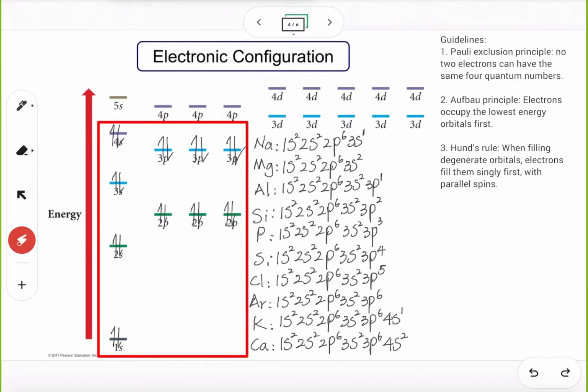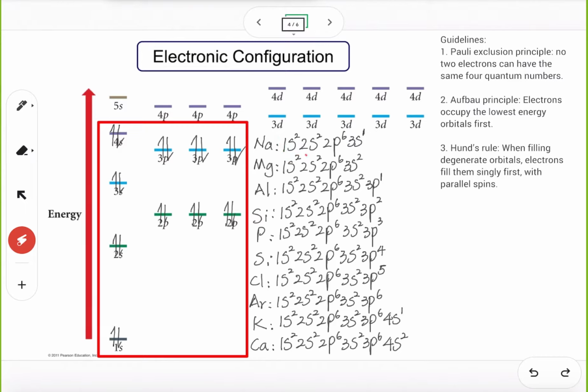For sodium, which noble gas core should we use? You have two options. You can use helium, or you can use neon. You can use neon because scientists realized that these 10 electrons are the core electrons.